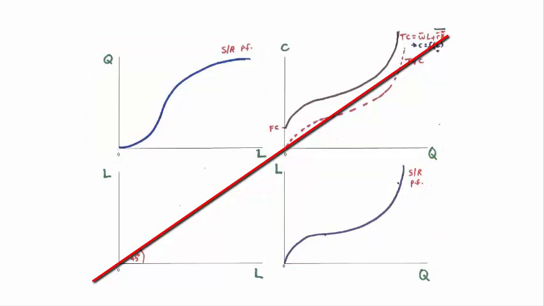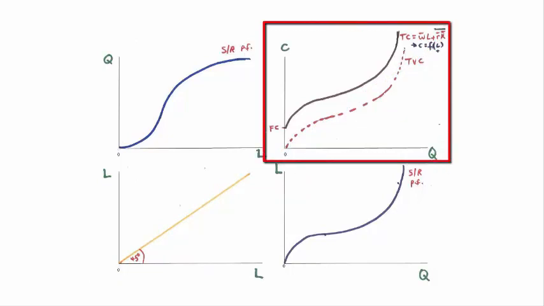And the reason we are doing this is because we want to now apply the prices of the factors of production, the price of labor and the price of capital, to come up with a cost function, C equals WL plus RK, and we are going to measure on the vertical axis in the upper right-hand quadrant the cost of production when the quantity of capital is held fixed and labor is the only variable input.